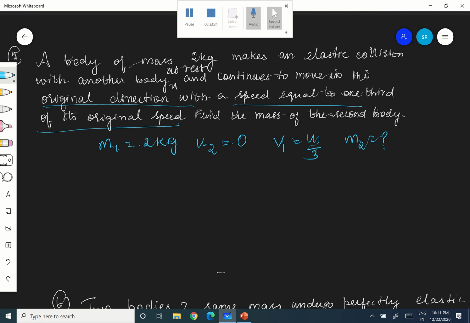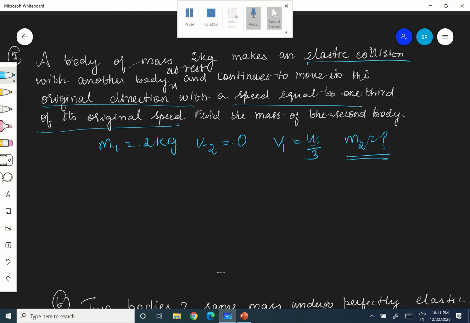It is an elastic collision, and V1, U1, M1 and U2 are given. You are asked to find M2.